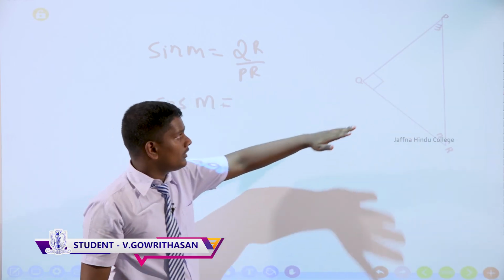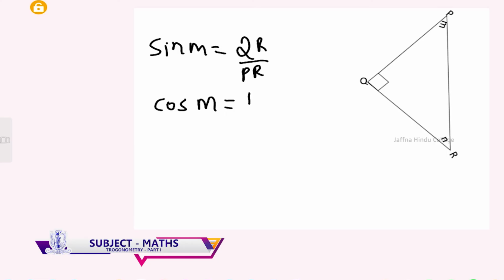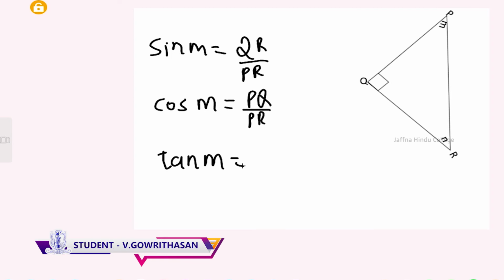Adjacent side of this angle M is PQ and the hypotenuse PR. Now tan M means opposite side by adjacent side: opposite side QR and the adjacent side PQ.